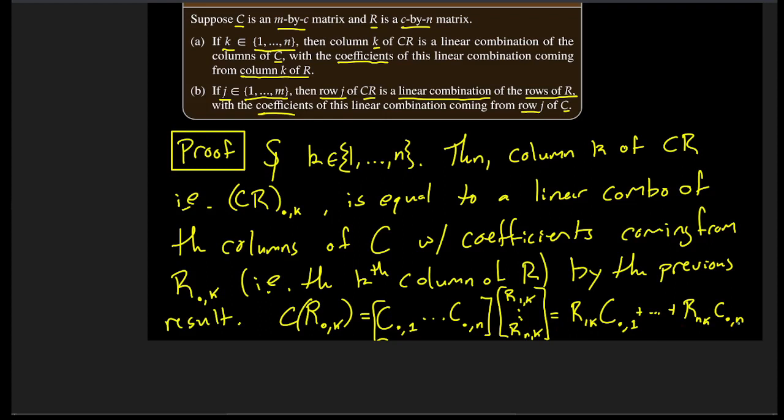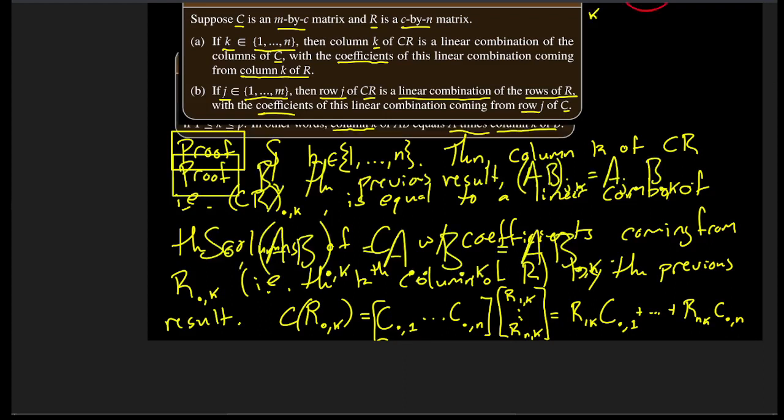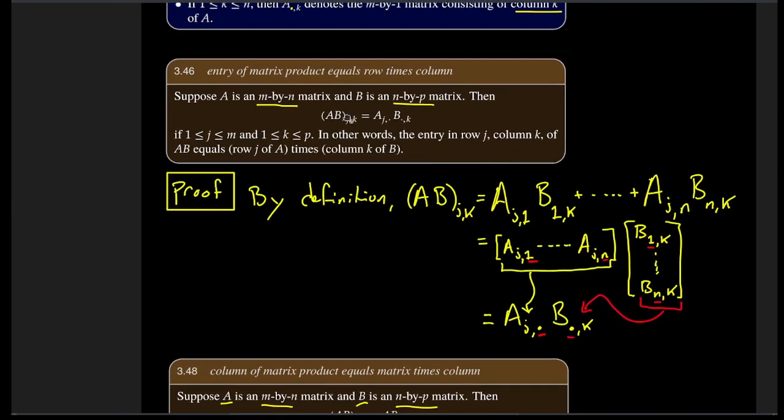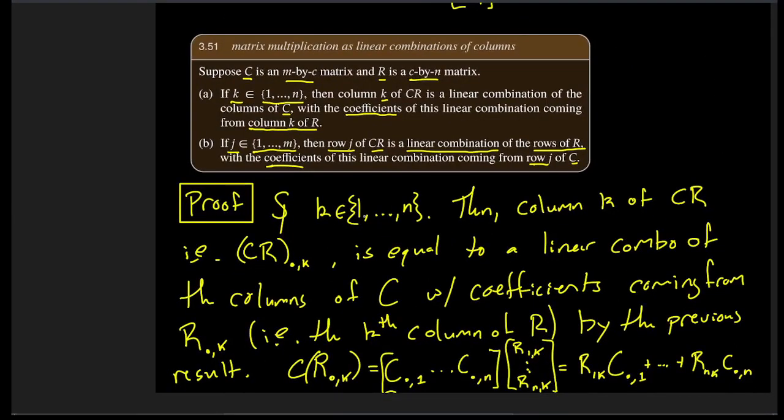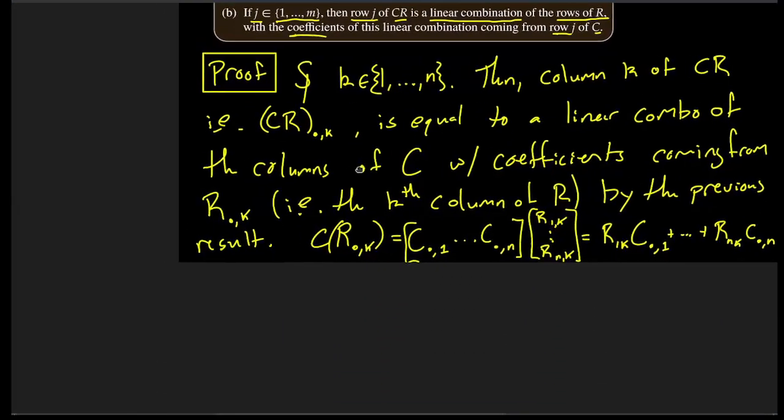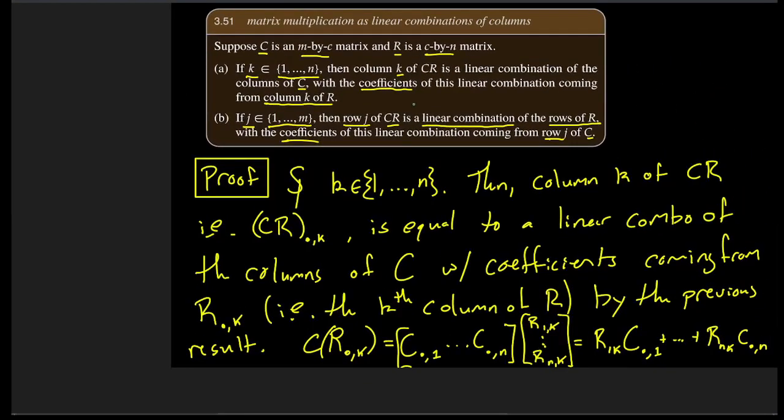Look, it's a linear combination of the columns of C, where the coefficients come from R, the kth column of R. But now, all we have to do to see that this actually works, and maybe this is easier to see if you want to go back to an even longer ago result, is this one right here, which says that AB, that product, its jkth entry, is the jth row of A times the kth column of B. So, going back over here, we want to say something about the kth column of CR.